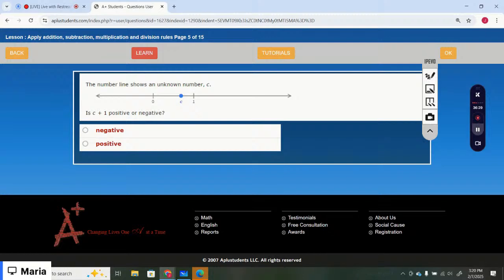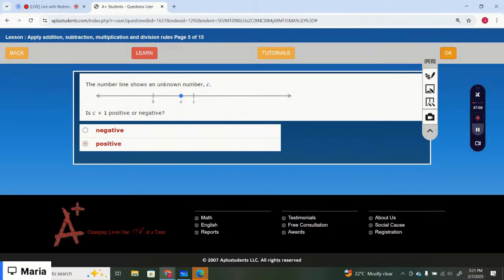The number line shows an unknown number C. Is C plus 1 positive or negative? Positive it is.